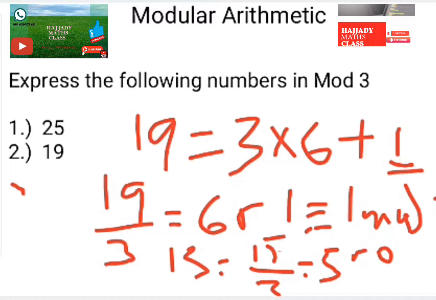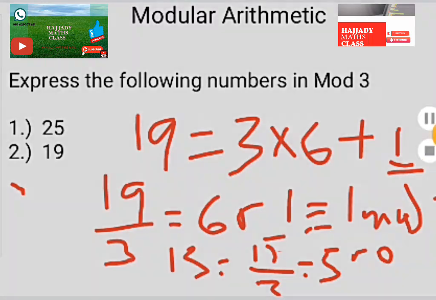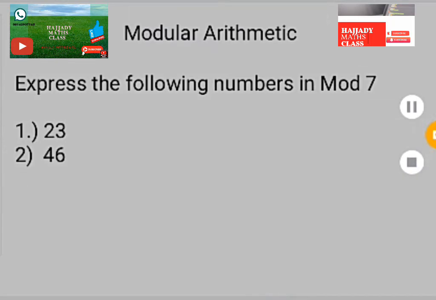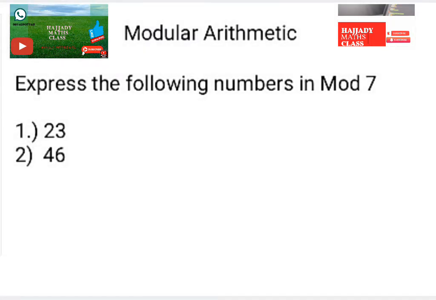Let's see more examples using another mod. For solving this second example, we would like to express the following numbers in mod 7. The same method will be applied. We have 23. We are expected to express this in mod 7.